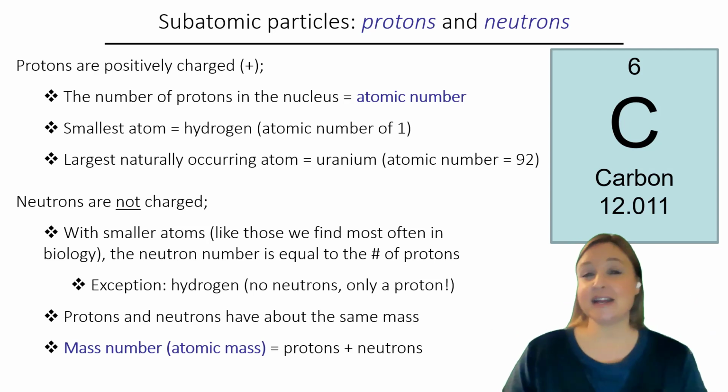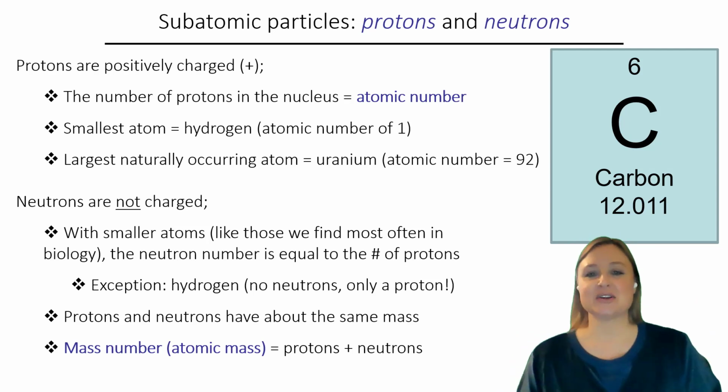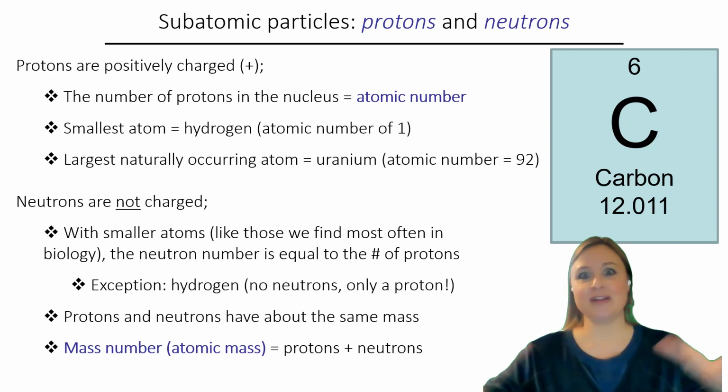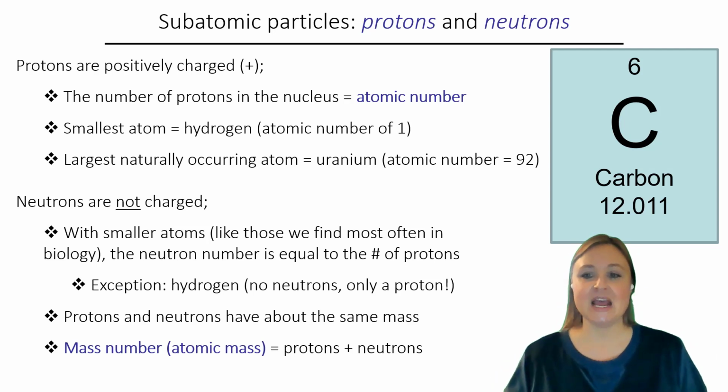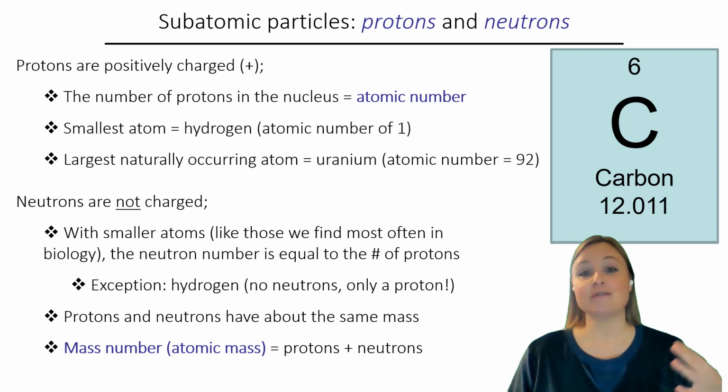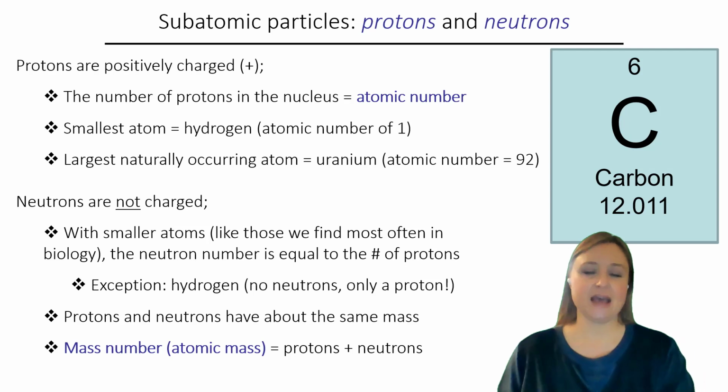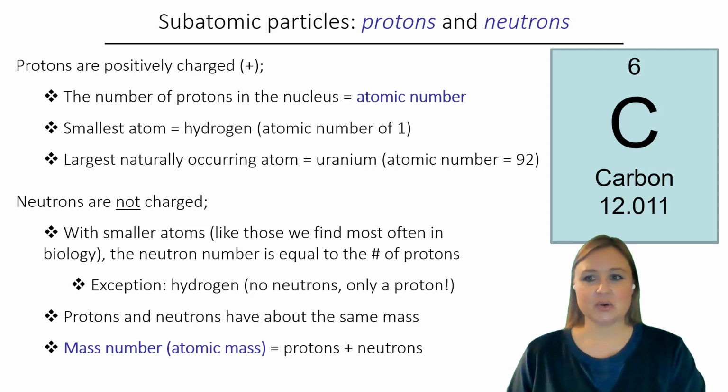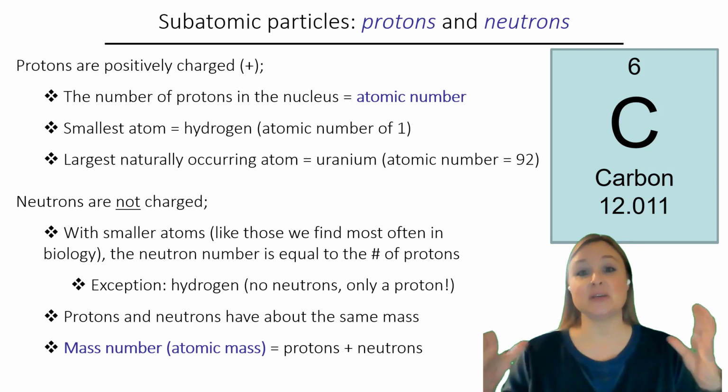But again, you can see it's not exactly 12 because there are some isotopes of carbon that exist at a low frequency that also have 13 or 14 as its atomic mass because it has 7 or 8 neutrons in that atomic nucleus. So, it's always going to have 6 protons because that's what it is to be carbon.